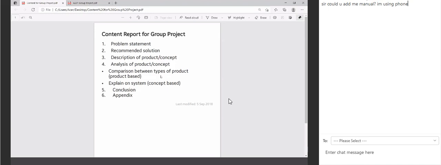I think you have been exposed to APA style already. I use APA style citation for the reference list. Yes, good question. I will also post the sample of the report to you after this.